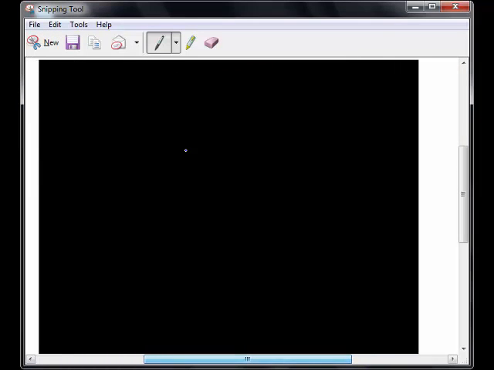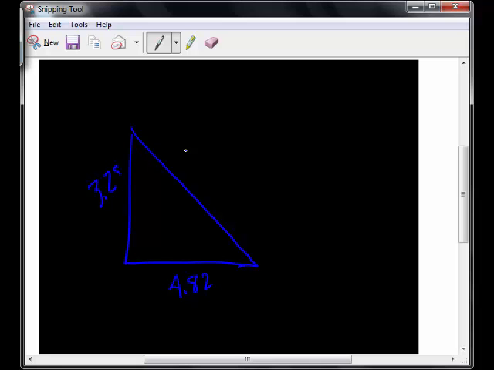In our triangle this time, the adjacent side is 4.82. The opposite side is 3.28.